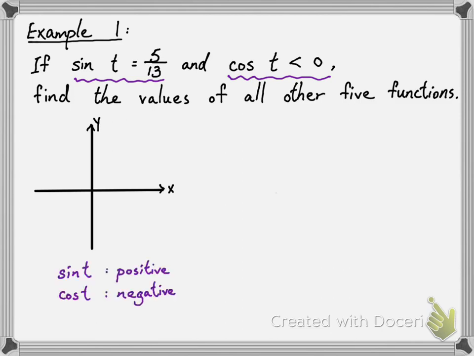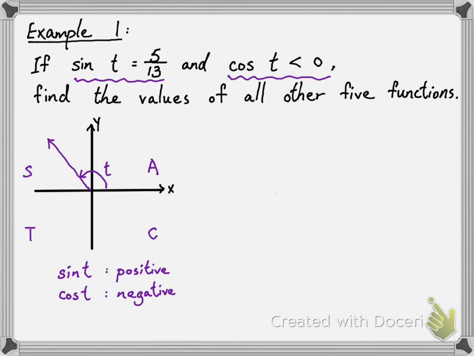Using the CAST system, where sine t is positive and cosine t is negative, we know that angle t must be in quadrant 2, so that only the sine function is positive and cosine t is negative.